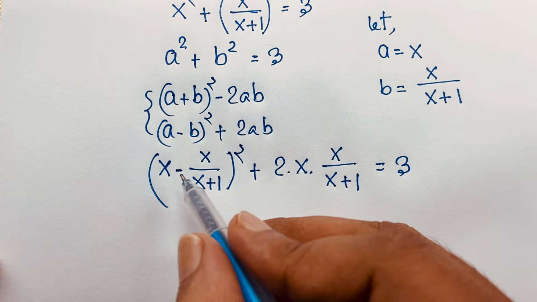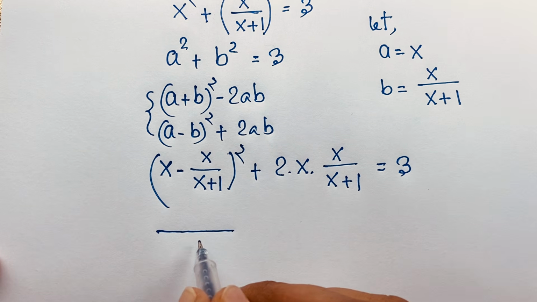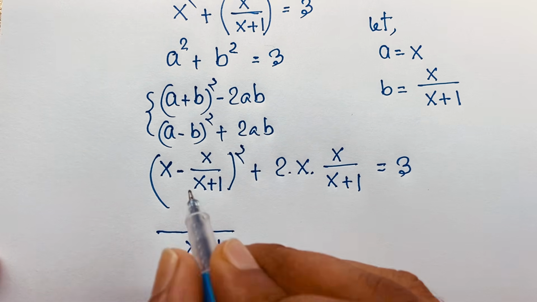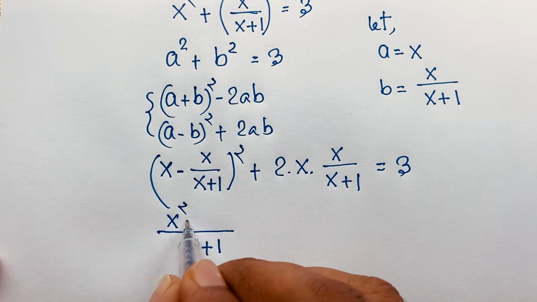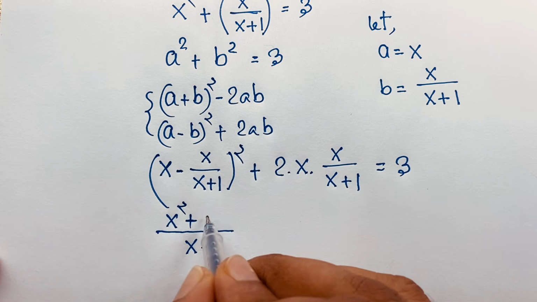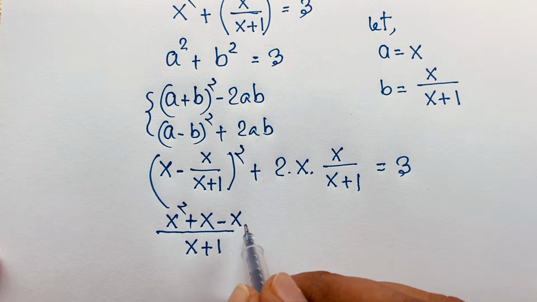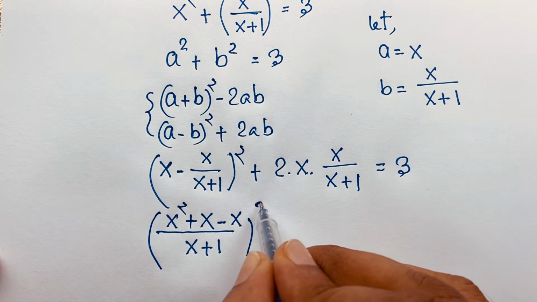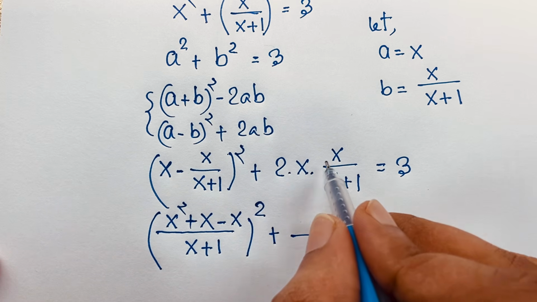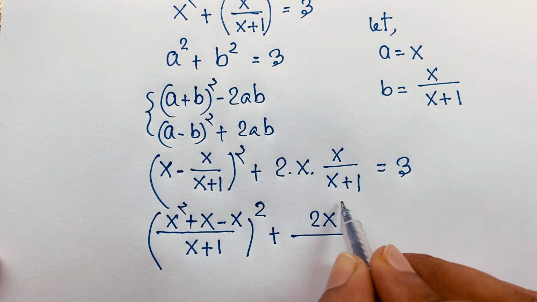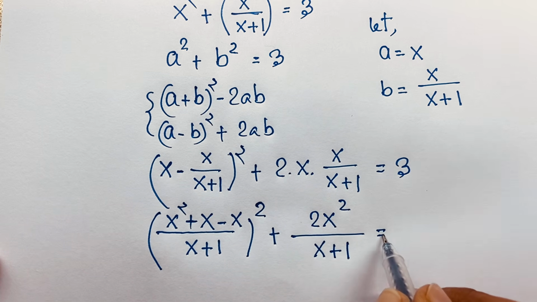Then x minus x over x plus 1: the least common value is x plus 1, so x times x is x to the power 2, plus x times 1 is x, minus 1 times x is x, whole to the power 2, plus 2 times x, this is 2x to the power 2, over x plus 1 is equal to 3.